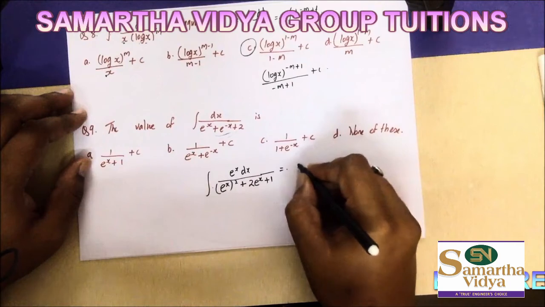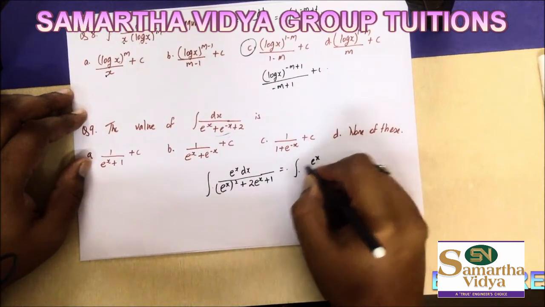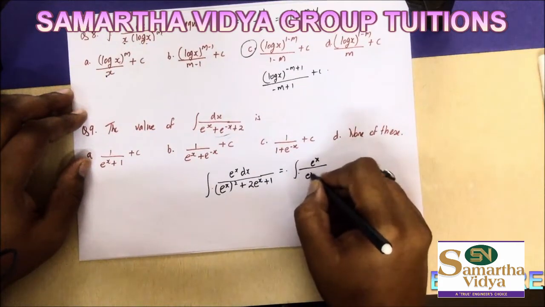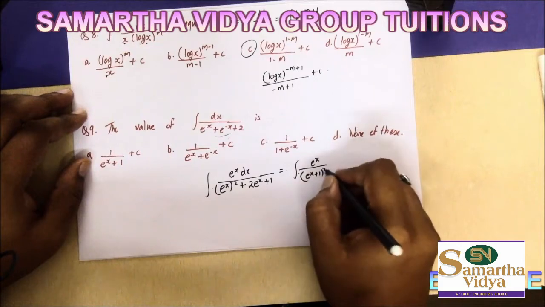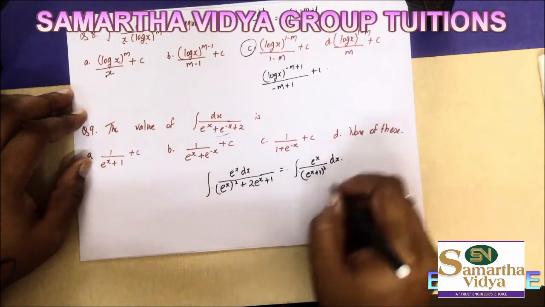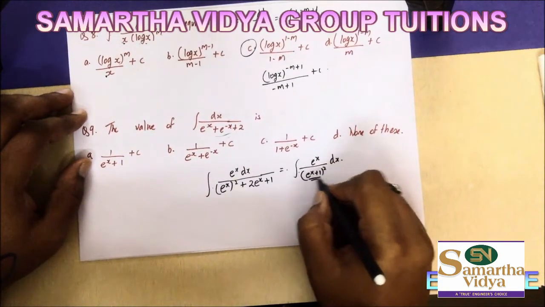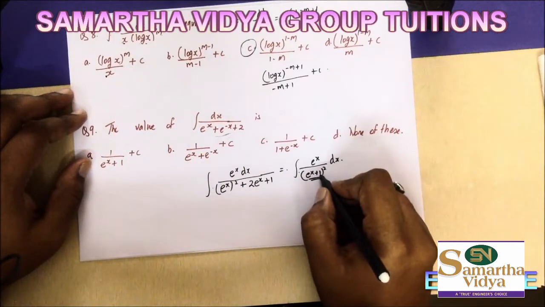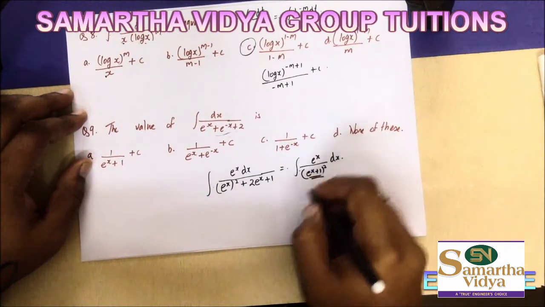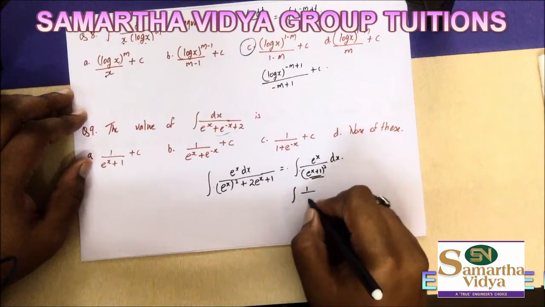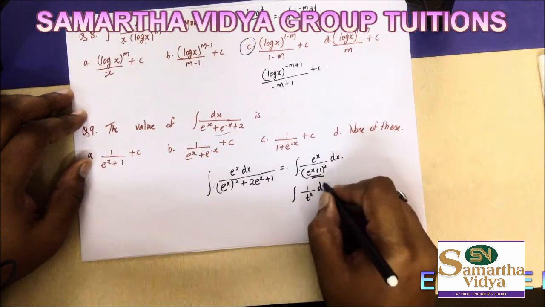After this, we can see that this becomes e raised to x upon (e raised to x plus 1) the whole square. So if I substitute e raised to x plus 1 as t, we have its derivative in the numerator. So this is of the form 1 upon t square.